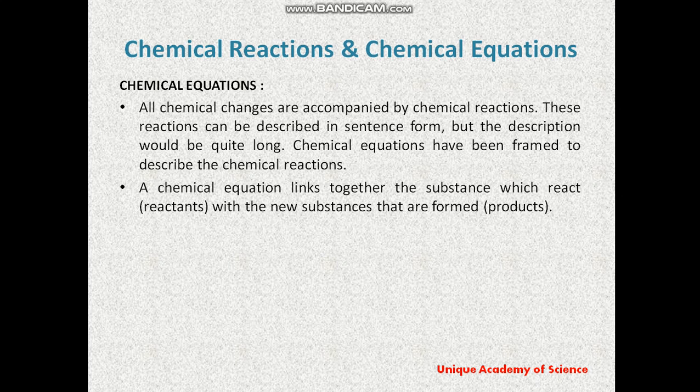Okay, so a chemical equation uses two or more substances as reactants to produce new products by the chemical reaction.